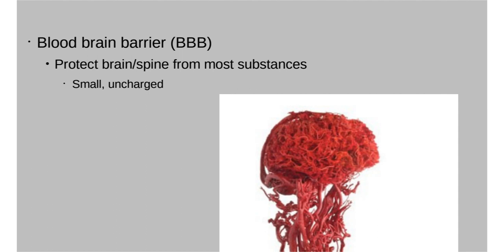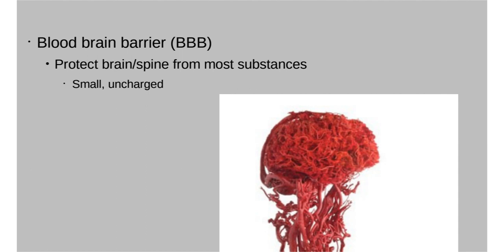The drawback of that is if there's, say, an infection in your brain, well, we have to be able to get medicines from your blood into your brain. And that's really, really difficult, because what is it that can make it from the blood into your brain? Well, small compounds or uncharged particles.